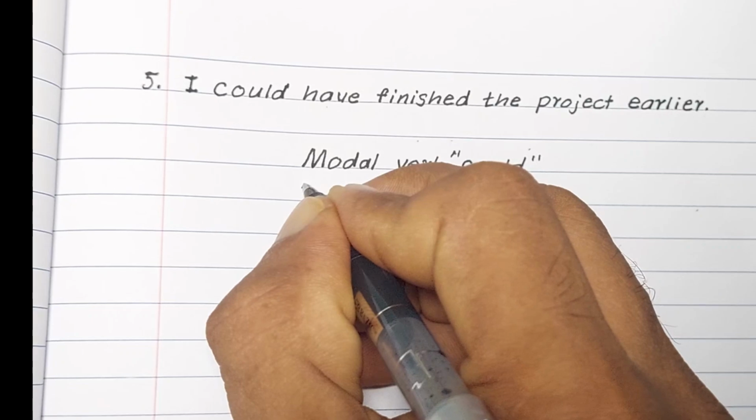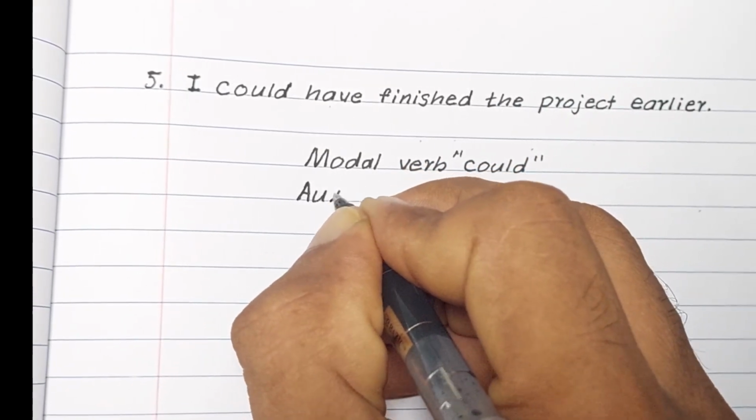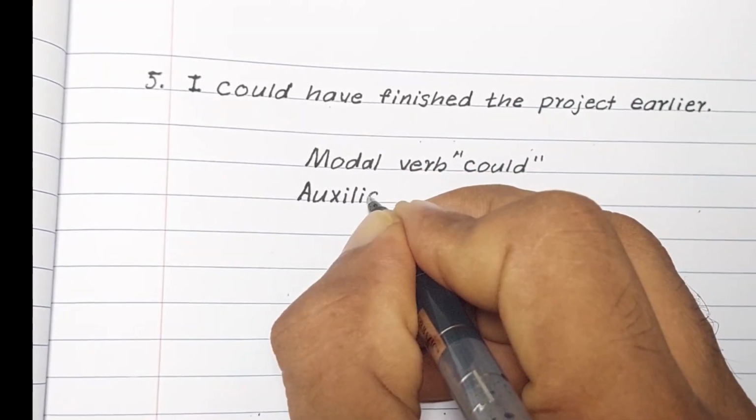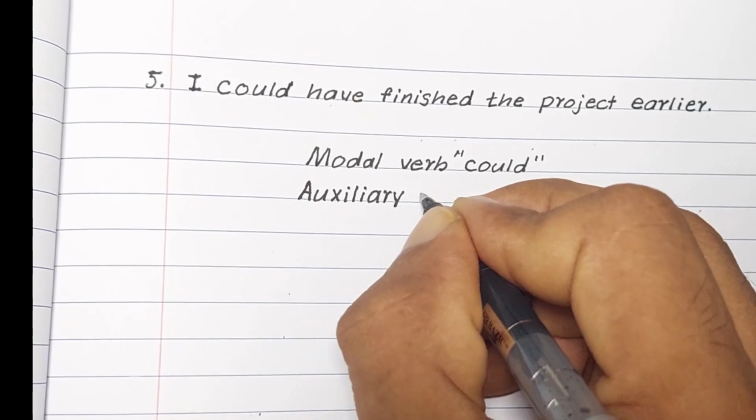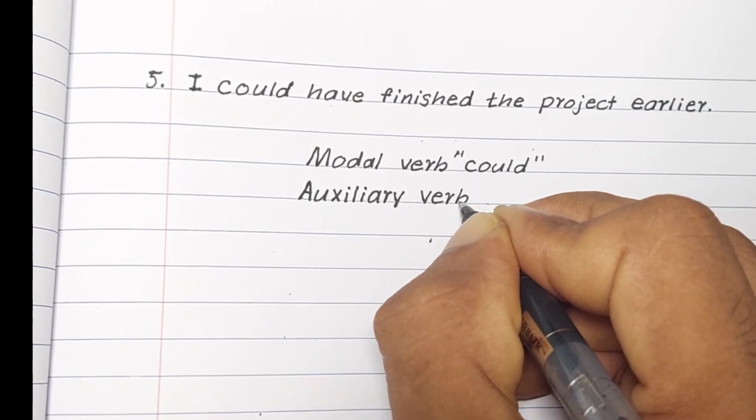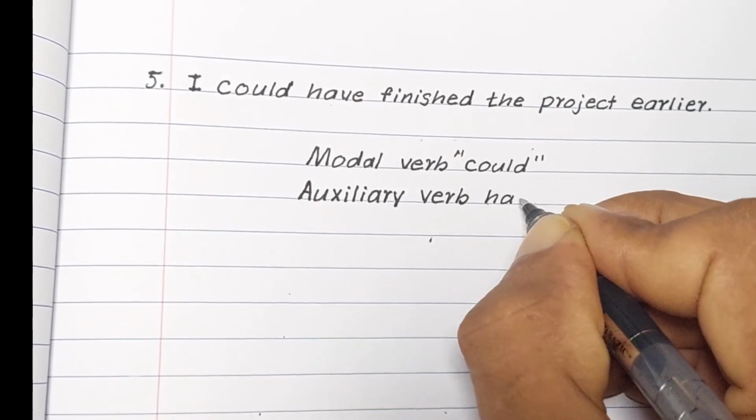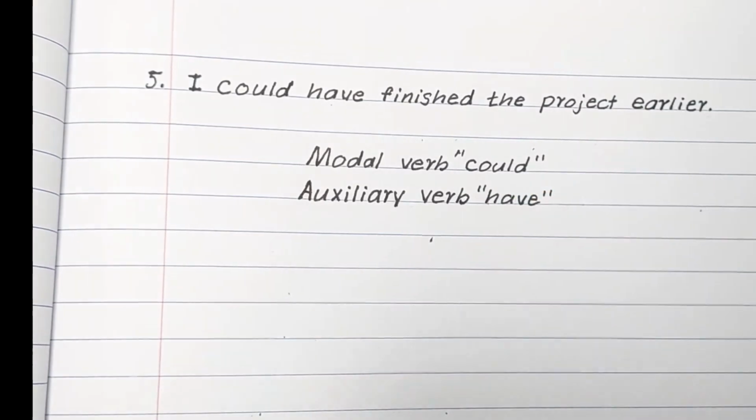I could have finished the project earlier. The modal verb could indicates possibility, and the auxiliary verb have helps form the perfect tense.